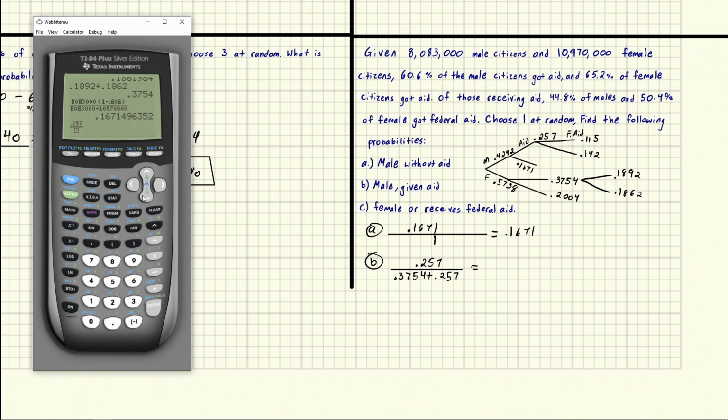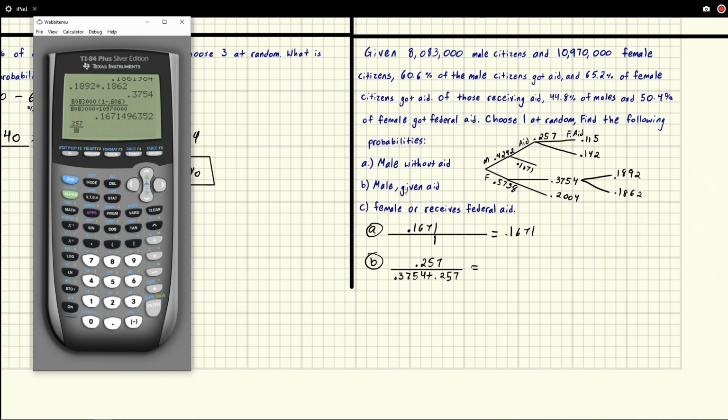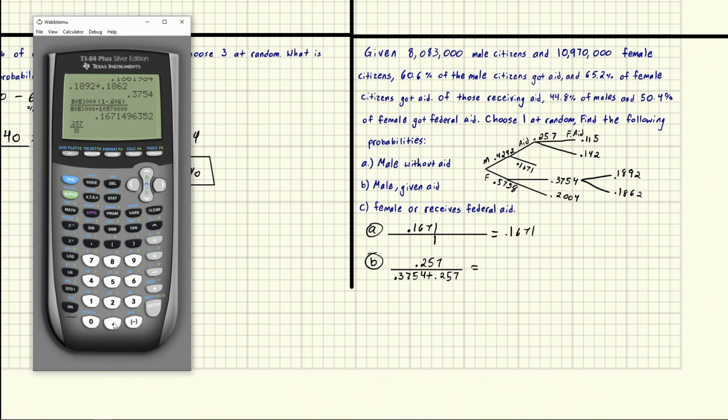And then on the bottom, we're only looking at people that had aid in the first place because that's what we were given, that they had aid. So the people that had aid were the males, well, there was 0.257 of them, plus the females, which there was 0.3754. And we're going to get out 0.4064.